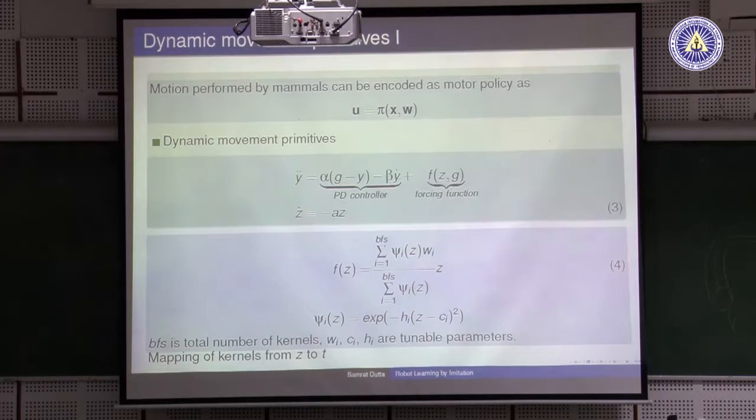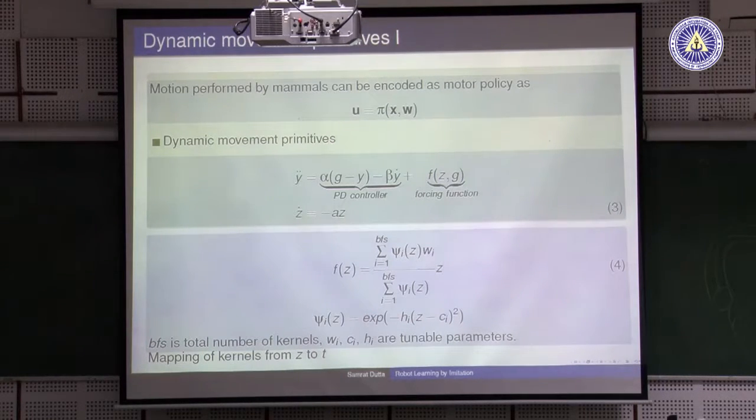Okay. Now see, this whole function is basically this one, pi of x comma w, where x is the state and w is the parameters of this function. We learn this system in this way, where this forcing function is defined as this: it is a combination of local models, and this is the firing of these local models.